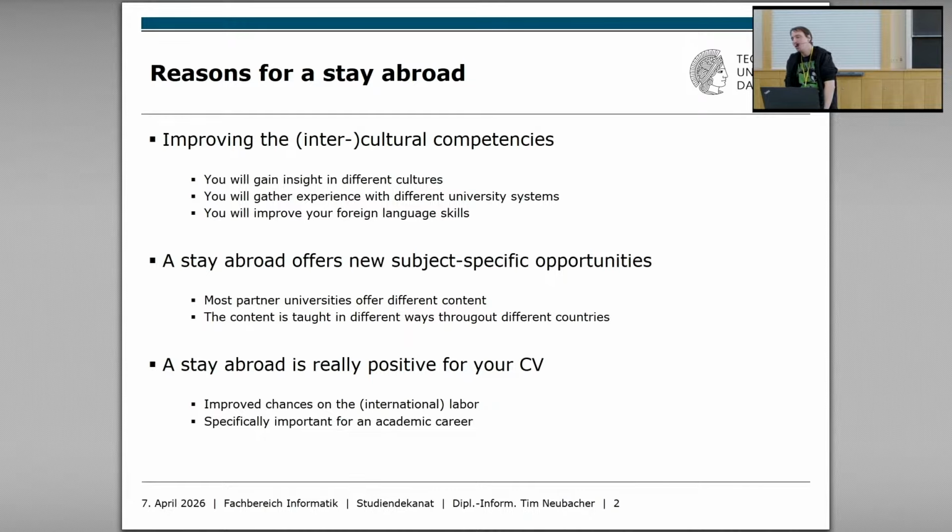You will always find some new experience, some new content, some other perspective on the same content. If you do a stay abroad a second time at exactly the same university in the same country, probably not so much, right? But besides that, from my point of view, there is no reason to not stay abroad.